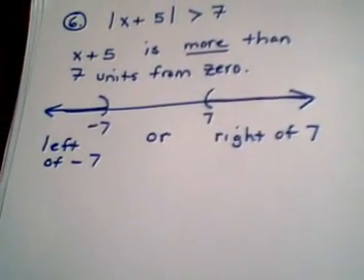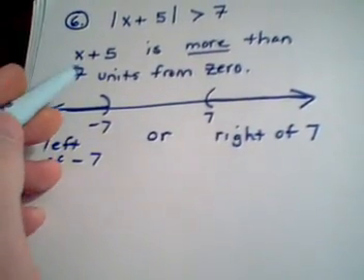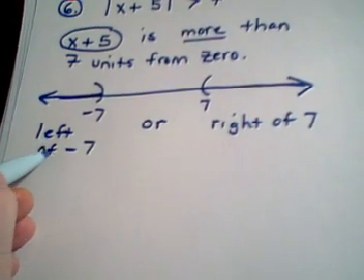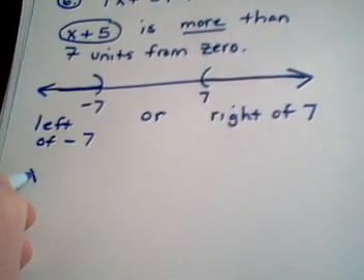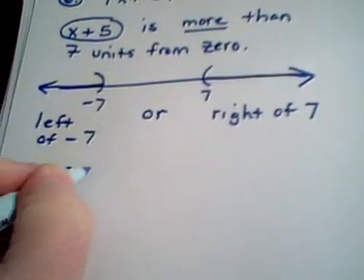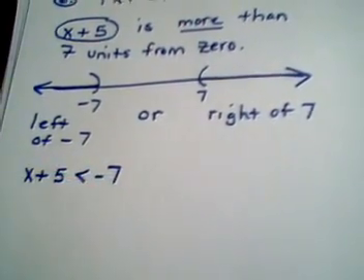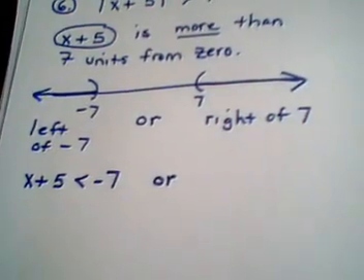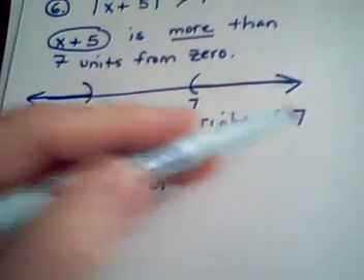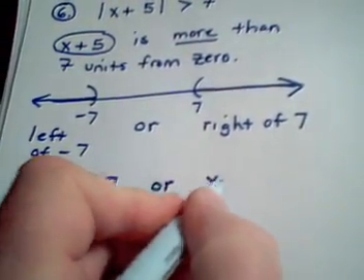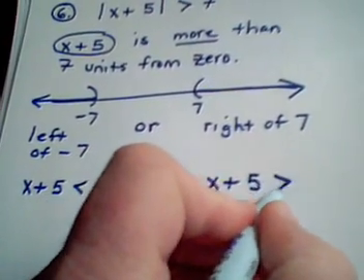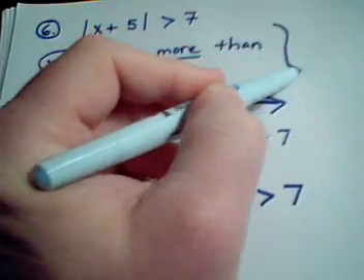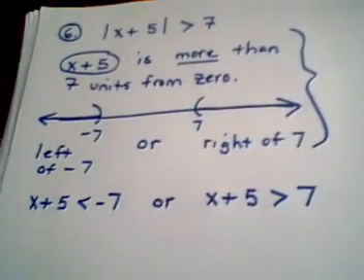So if I say that in algebra, if I say that x plus 5 is to the left of negative 7, that means that x plus 5 is less than negative 7. Or if I say x plus 5 is to the right of 7, that means that x plus 5 is greater than 7.